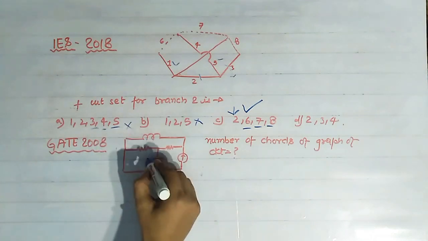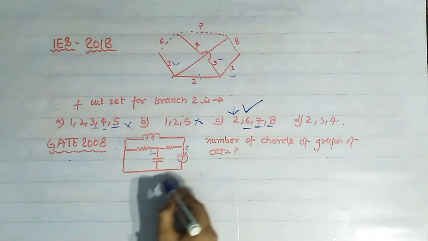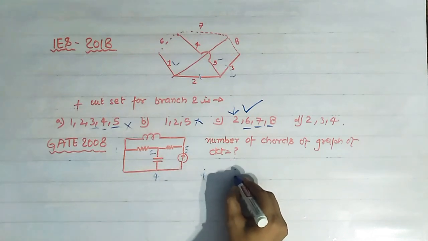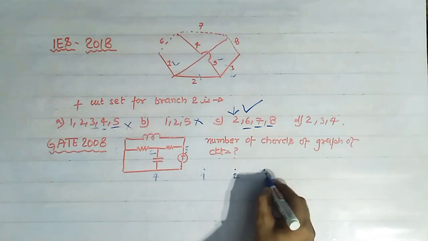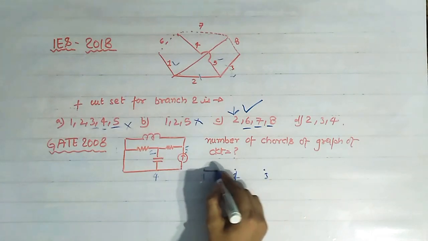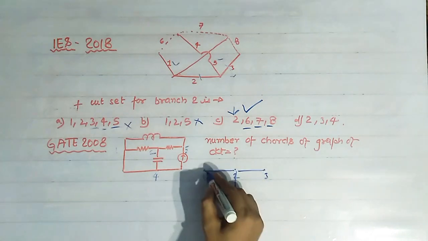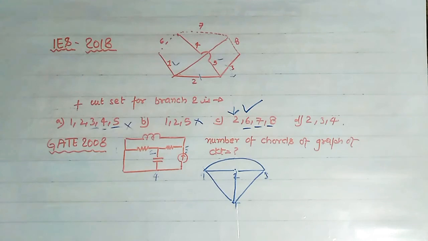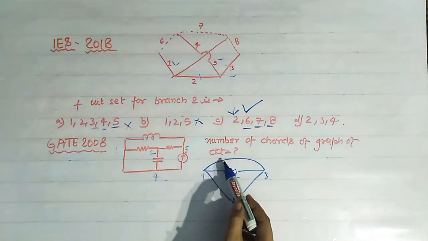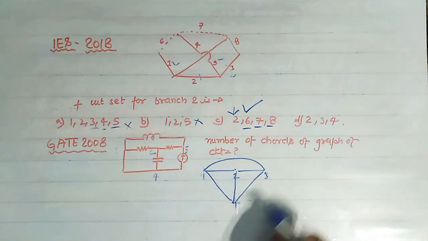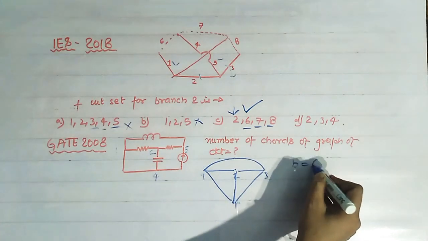Suppose this is 1, this is 2, this is 3 and this is 4. So the graph is like this. Here we can see that the number of branches is 1, 2, 3, 4, 5 and 6. So branches equal 6.